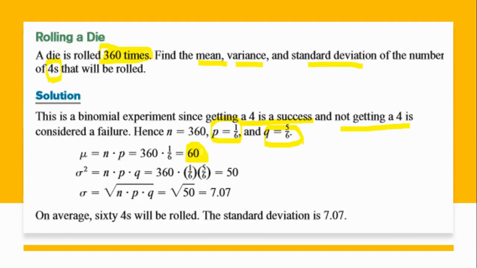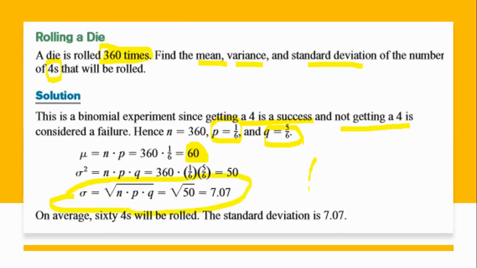You should get an average of 60 4s, but definitely if you have 50 students in your class and 50 students rolled it 360 times, there is a bright chance that not all of you got 4 exactly 60 times. Some of you may have it 50 times, some of you may have it 60 times. So definitely there must be some variation. So what is the range of that variation? That deviation is actually calculated here.